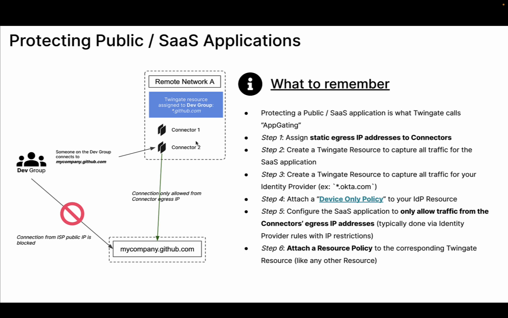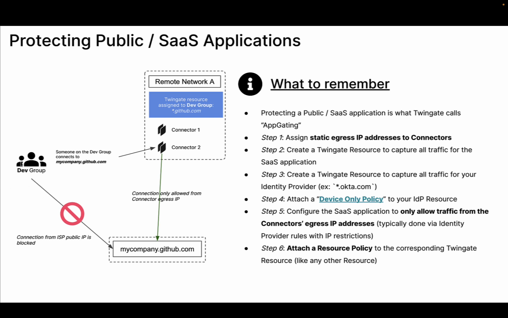If you configure it in that way, when a user at home that's not on TwinGate tries to authenticate against your enterprise GitHub, they won't be able to, because the IDP will reject it as being an inbound connection that is not coming from one of the recognized IPs that are the connectors.